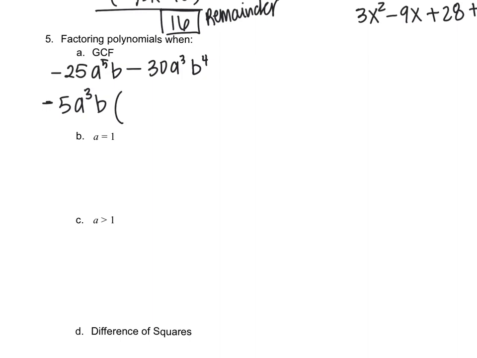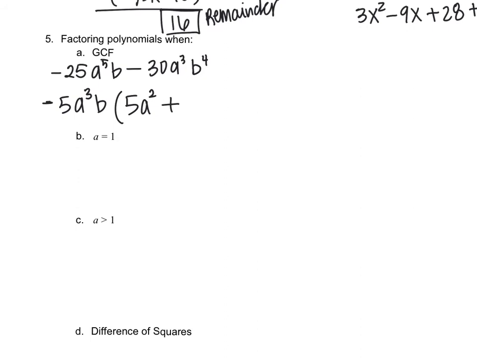Then in the parentheses, we divide by our GCF to figure out what remains. So -25 divided by -5 is a positive 5. We took out 3 a's, which means we have 2 remaining, and there was only one b and we took it out. So that's all that's left of our first term. Because we factored out a negative number, this is going to change to a plus sign.